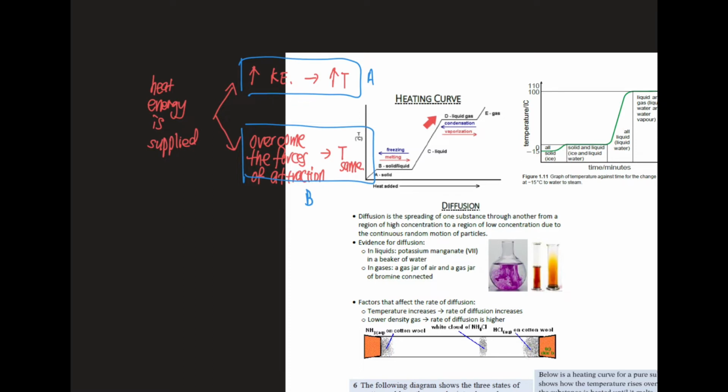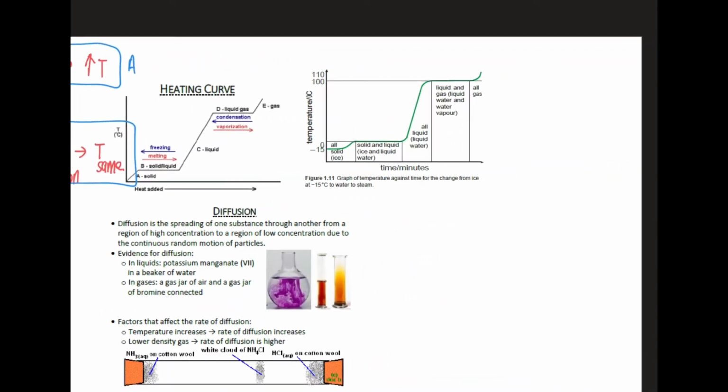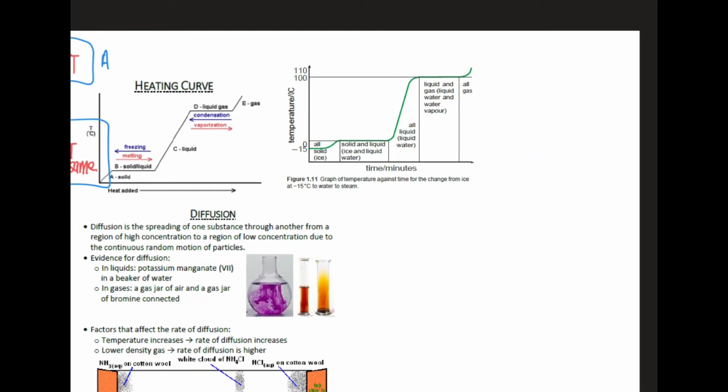The liquid uses the heat energy to overcome the forces of attraction and become gas. Now it has finished boiling and become gas. The temperature increases, so we use A again. That means the gas particles are increasing in kinetic energy, moving faster and faster.